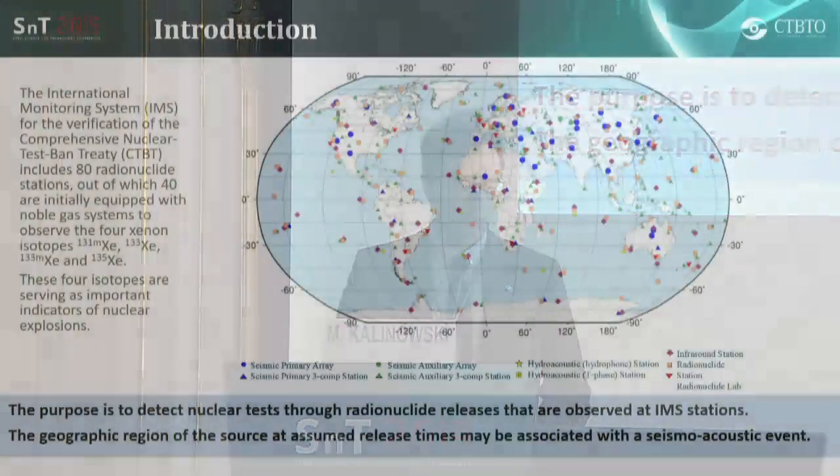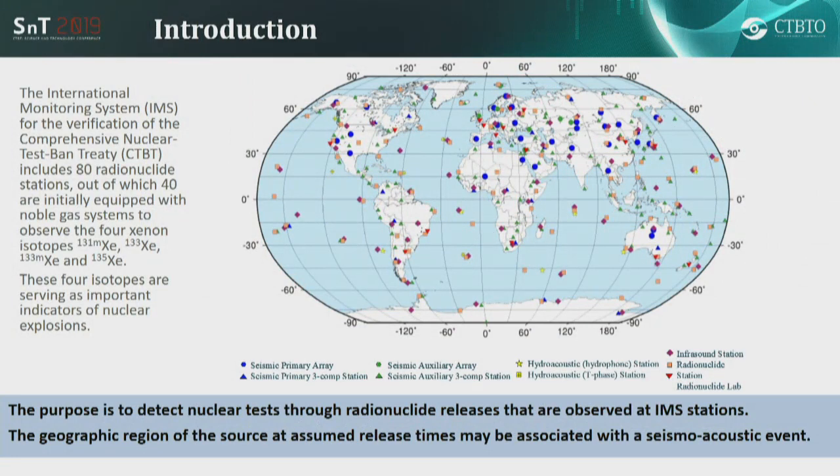So this is the purpose of the system, to detect releases of radioactivity from nuclear explosions, and then with atmospheric transport modeling, try to associate the detection at an IMS location with a source that may be co-located in time and space with a nuclear event of relevance that could have been the fission source of the detected radionuclides.